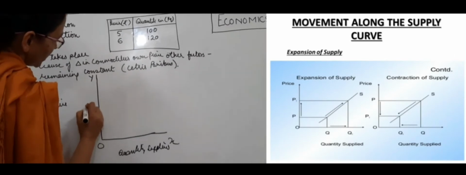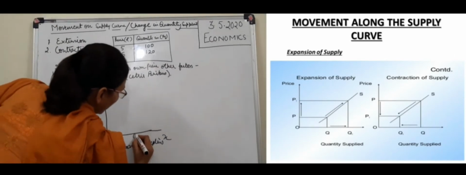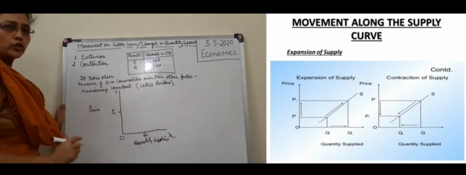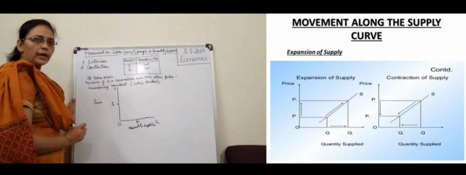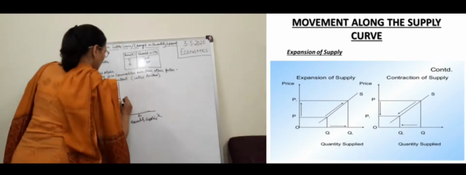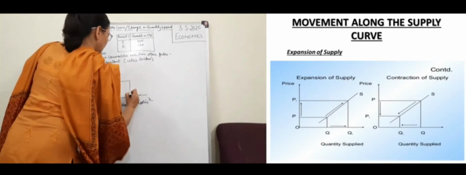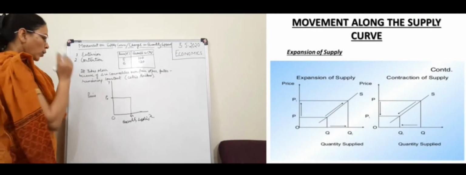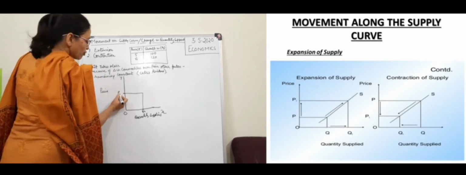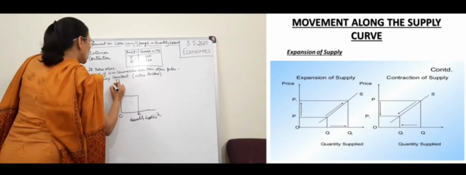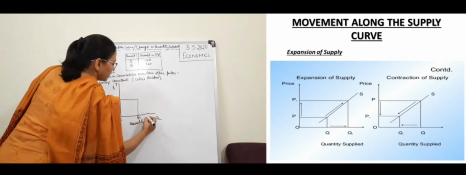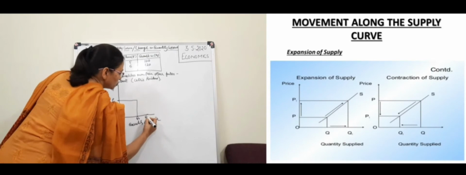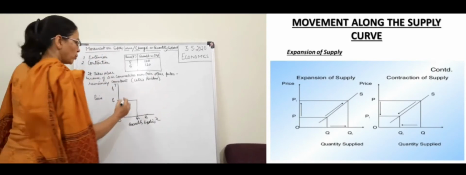Middle point, right? P0 and Q0. How will the middle point start? That is, when the price is P0, the quantity supplied is Q0. Okay? Now when the price rises from P0 to P1, the quantity supplied rises from Q0 to Q1, right?